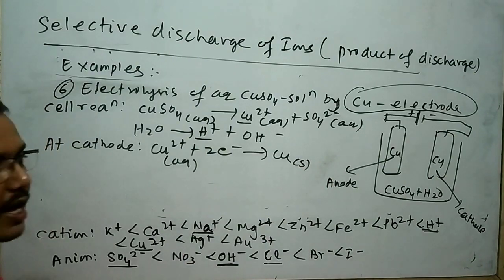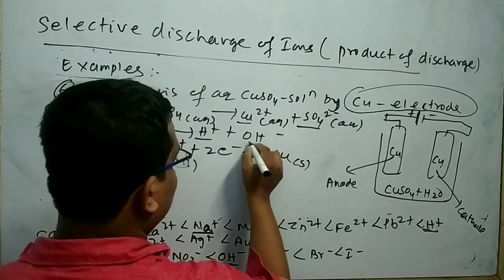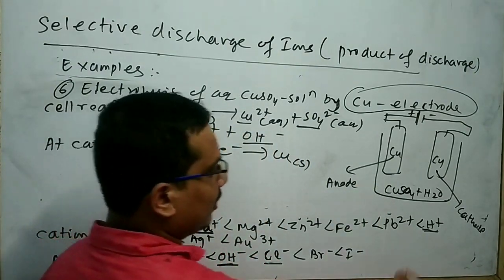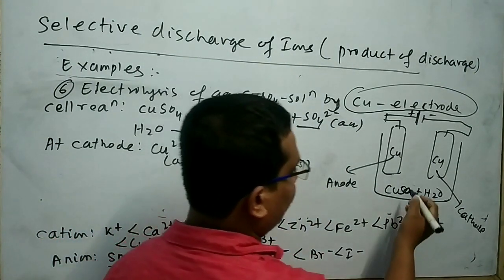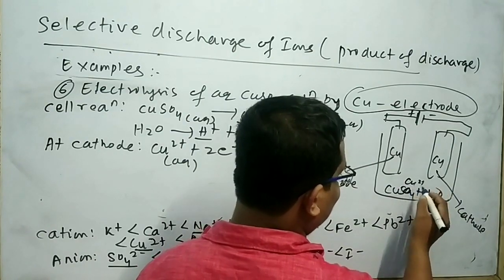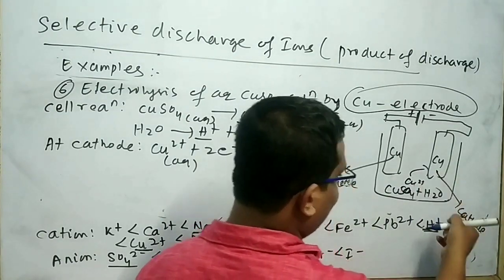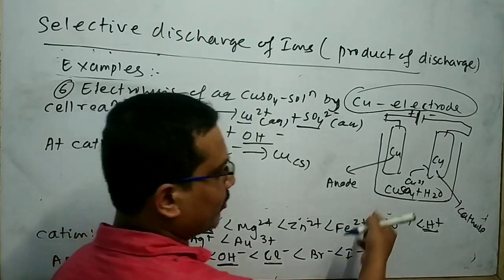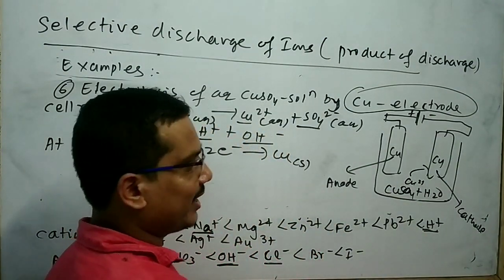Next I will think about the anion. SO4 2 minus and OH minus are present. Look at the cell. Here gradually the Cu2 plus ion goes on decreasing and it is deposited at the cathode. In this electrolytic solution, the concentration of Cu2 plus ion goes on decreasing.